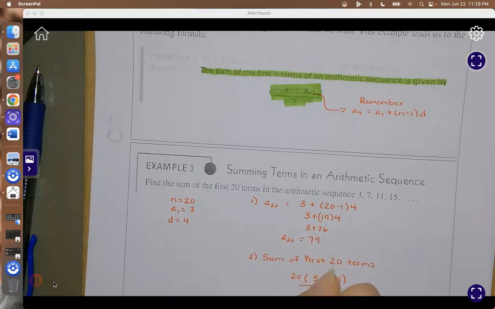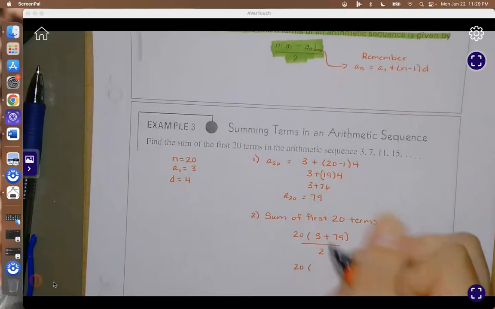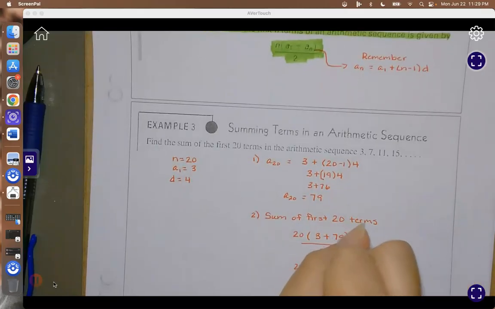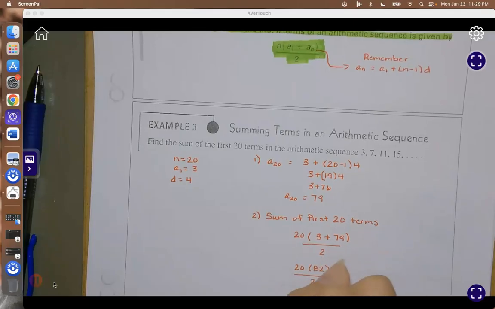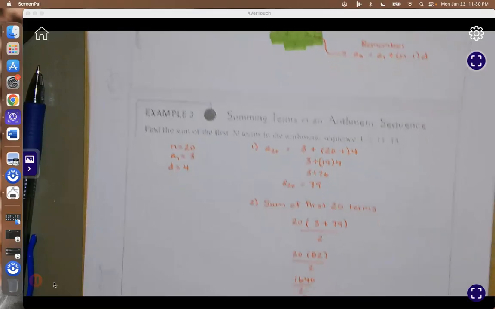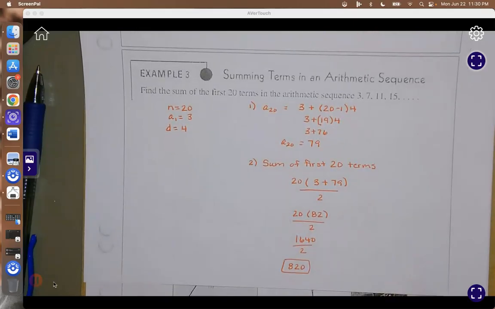So this is 20 times 82 divided by 2. And that's 1640 divided by 2. So the sum is 820. Okay, so be careful on the sum one. It's a twofold problem.